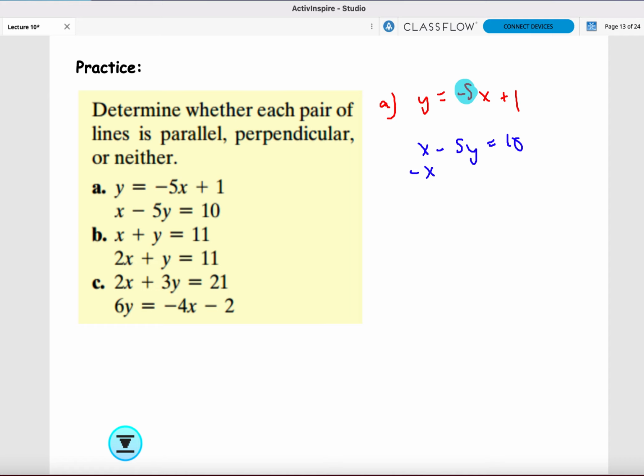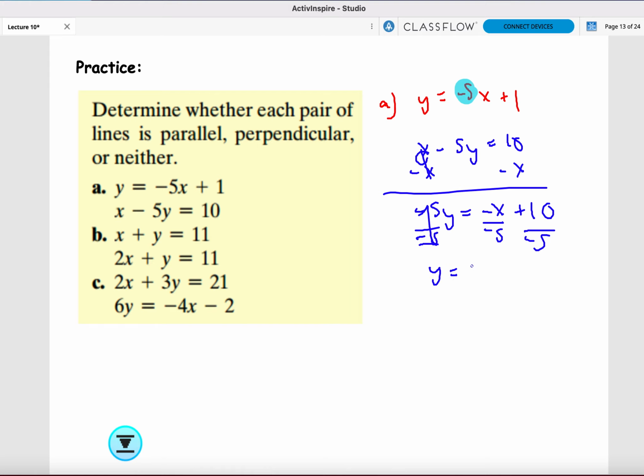I'm going to subtract x on both sides. So then I get negative 5y equals negative x plus 10. Divide both sides by negative 5, which means everything on the right gets divided by negative 5. So we get negative 1/5 x minus 2. So negative 1/5.